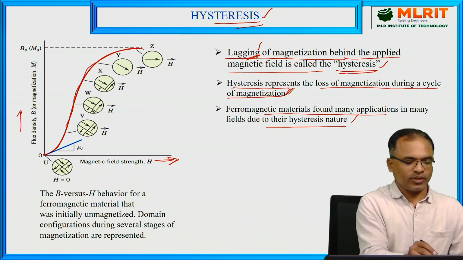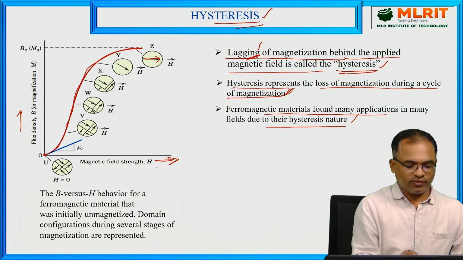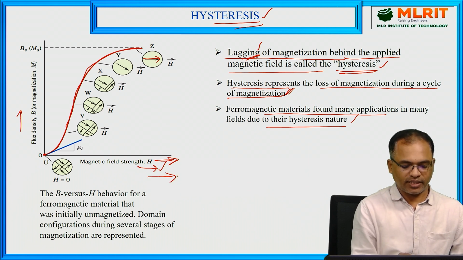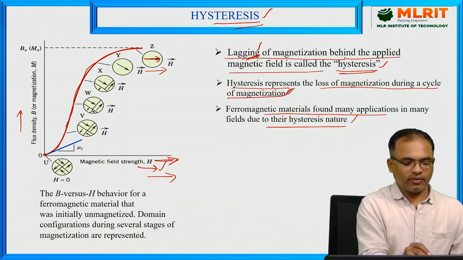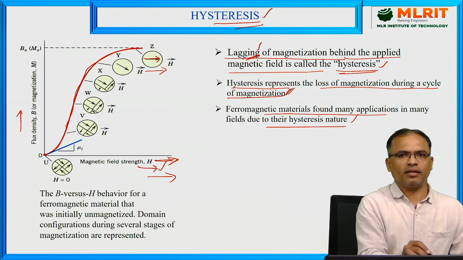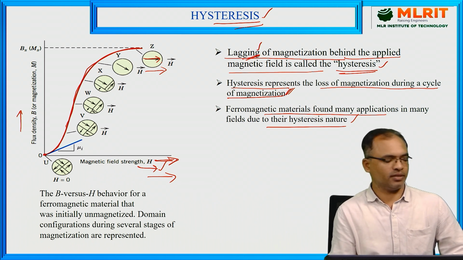Finally, we can understand that at high field, all the domains will be in the direction of the applied field. This is the applied field which we are taking from left to right, and this is the arrow mark we are observing here. By seeing this, we can understand that all the domains in the ferromagnetic material attain the direction of the applied magnetic field. That is how magnetization takes place in a ferromagnetic material.